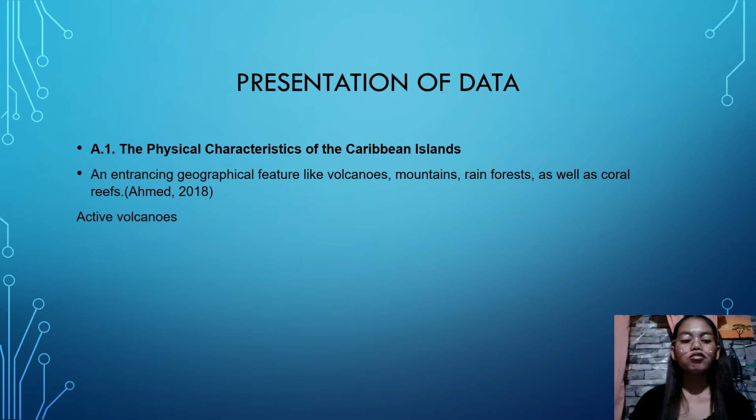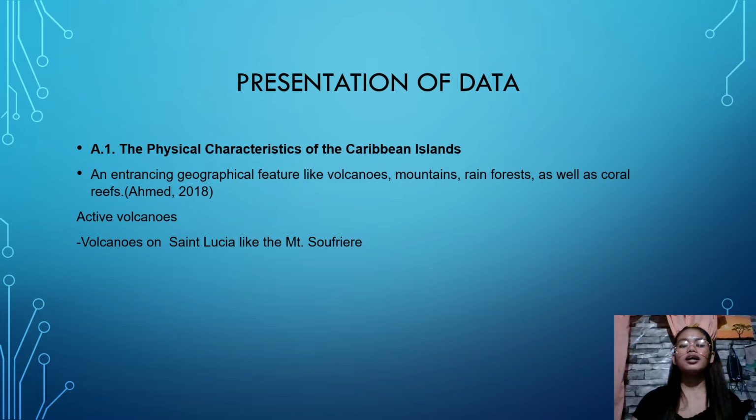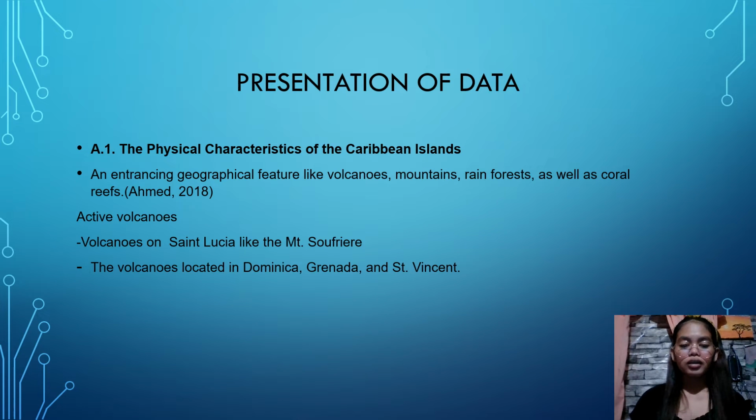We also have active volcanoes there. Examples are the volcanoes on Saint Lucia, like the Mount Soufriere. There were also active volcanoes located in Dominica, Grenada, as well as on St. Vincent.